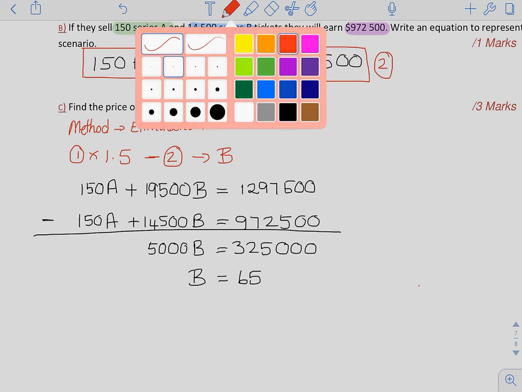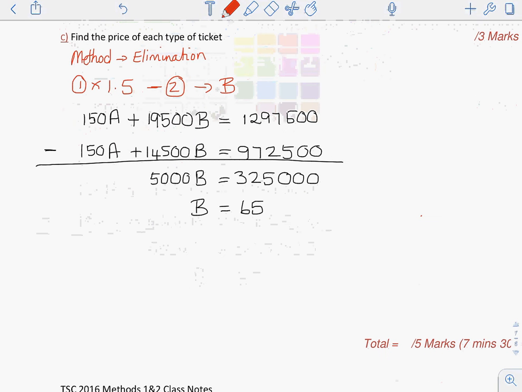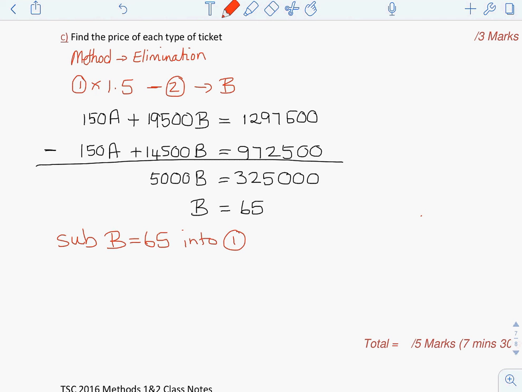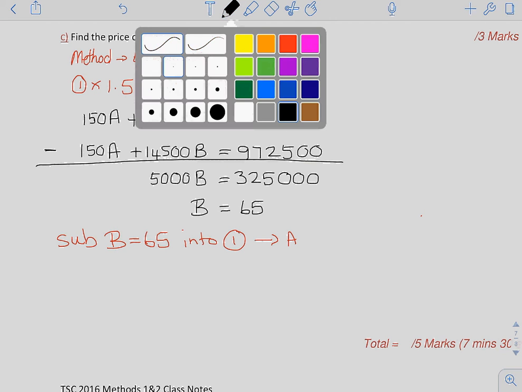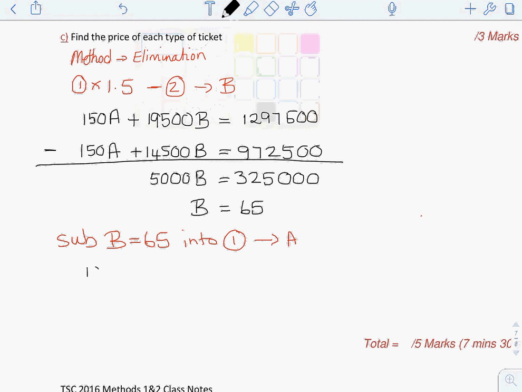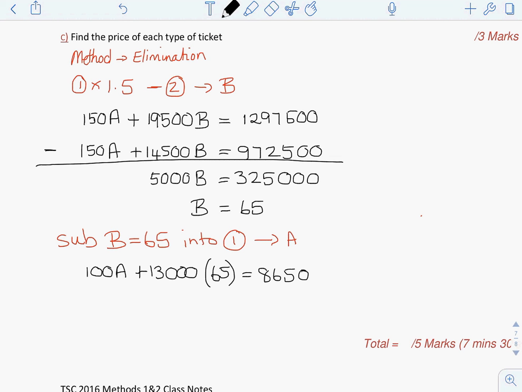To find A, we need to take our solution for B and substitute it in. So we're going to sub b equals 65 into, it doesn't matter which equation, I'm just going to go into equation 1, and I'm going to solve for A. This will give me 100A plus 13,000 lots of 65 is equal to 865,000.